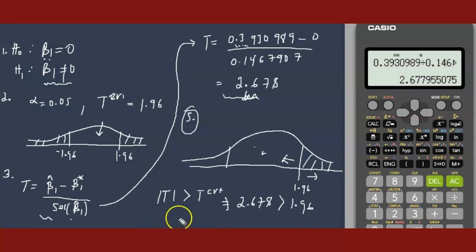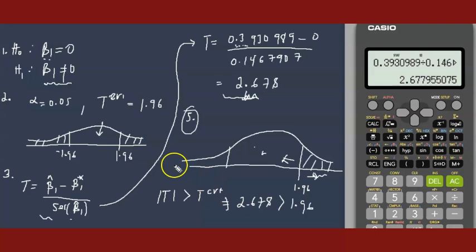From here, we can draw the conclusion: since this one is falling in the rejection region and is greater than 1.96, we reject the null hypothesis, and therefore conclude that at 0.05 level of significance, the H is statistically significant.